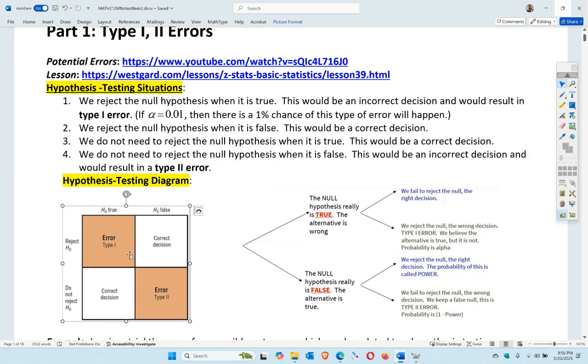Typically you see this little box for type 1 and type 2 errors. Type 1 is you rejected it, but you shouldn't have, and type 2 is you needed to reject it, but you didn't. That's a type 2 error, so it's kind of like a false positive or false negative, I guess. Maybe that would be a good way to explain it.